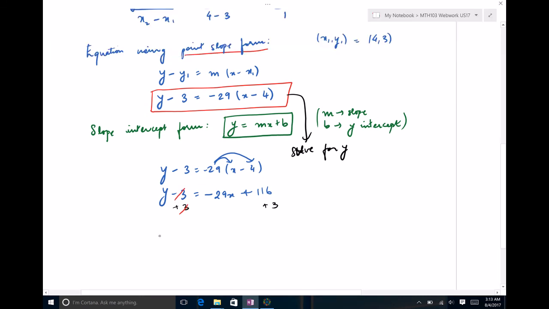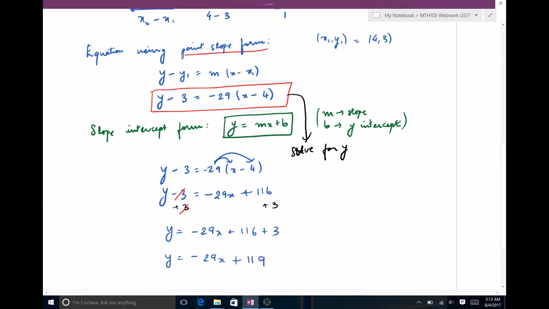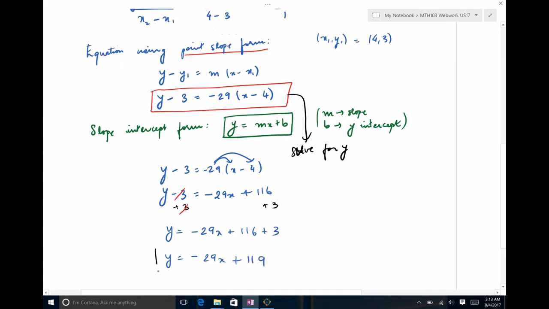And then on the right hand side I have y equals negative 29x plus 116 plus 3, which is y equals negative 29x plus 119.